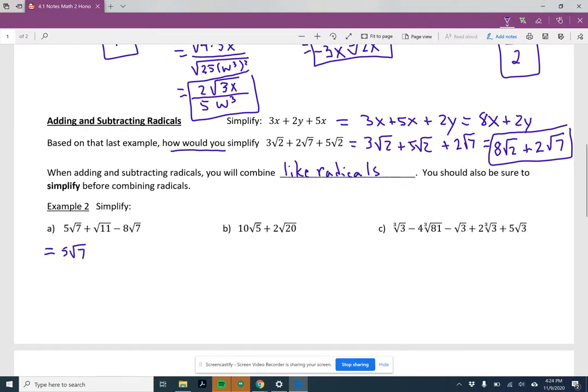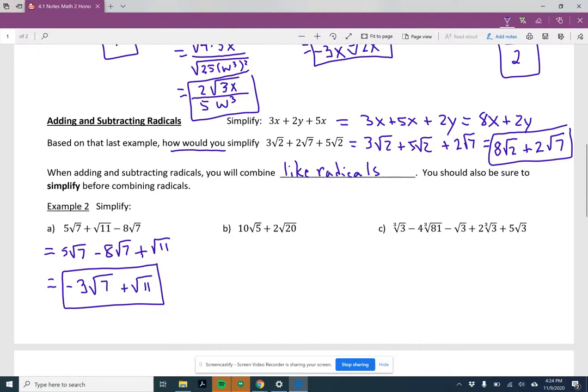Find the ones that are alike. 5 square roots of 7 minus 8 square roots of 7 plus square root of 11. 5 take away 8 is a negative 3. Just like doing 5x minus 8x and getting negative 3x. Square root of 11 is not like the other radical pieces, so it doesn't go together with them.